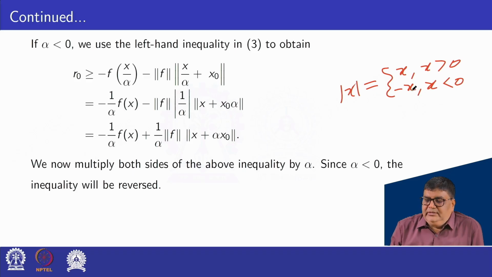We now multiply both sides of the above inequality by alpha, that is by cross multiplication, and simplify this. Since alpha less than 0, the inequality will be reversed after multiplication.